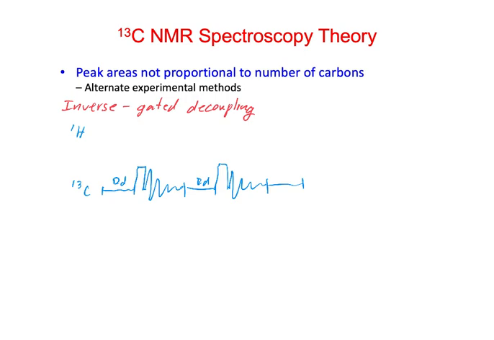So in the inverse gated decoupling, we have the decoupler off during the relaxation delay, and we turn it on during acquisition. Okay, so off during relaxation delay, on during acquisition.